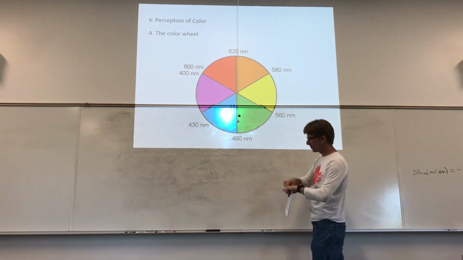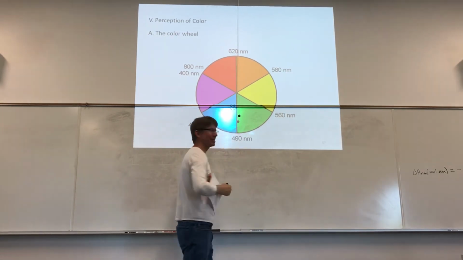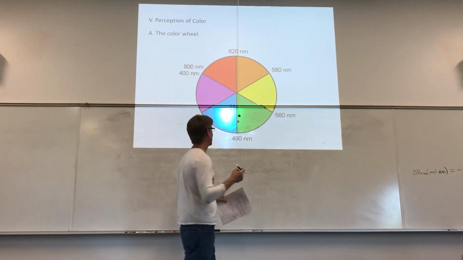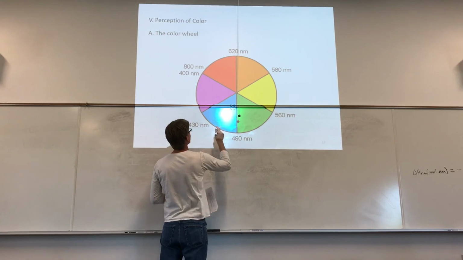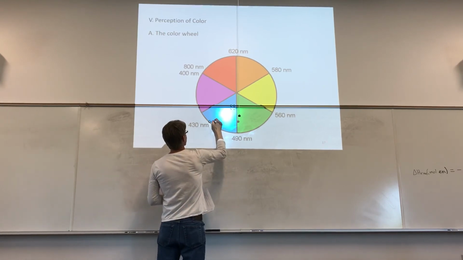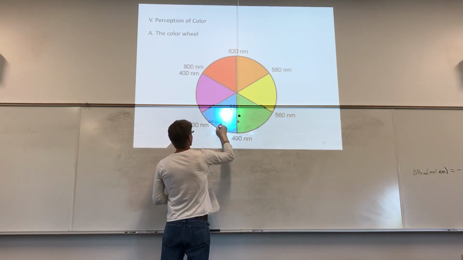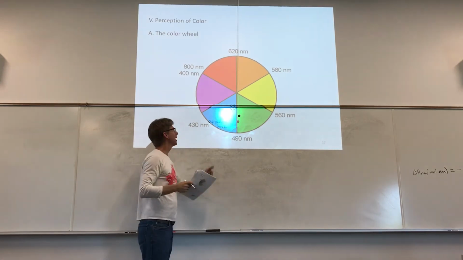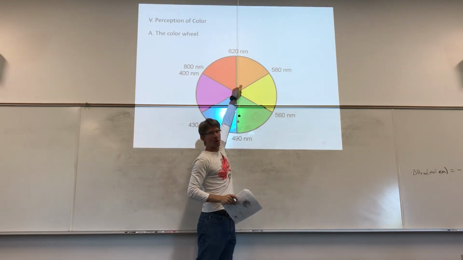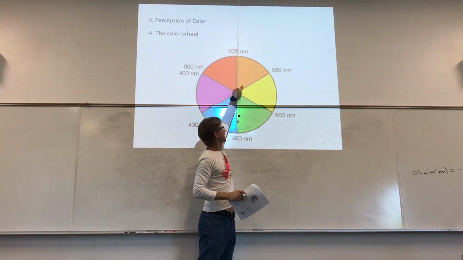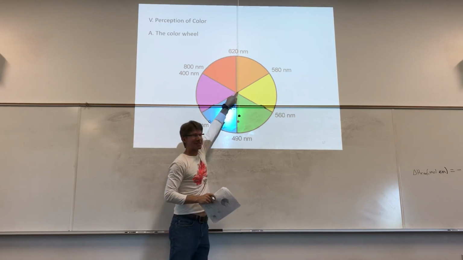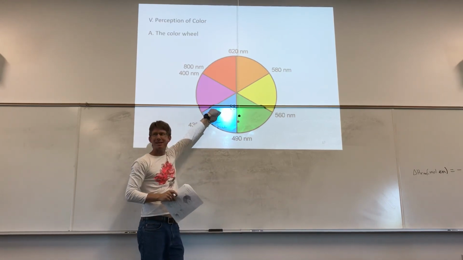All right, so here's what I have to say about this in my last minute or so. If a solution appears blue, it absorbs orange. And I can't write absorbs orange up there, but please do. And it's always the opposite in Chem 401.